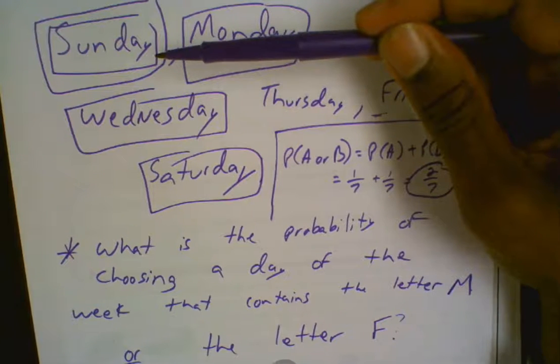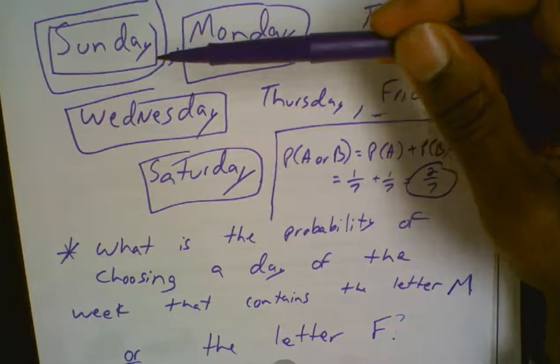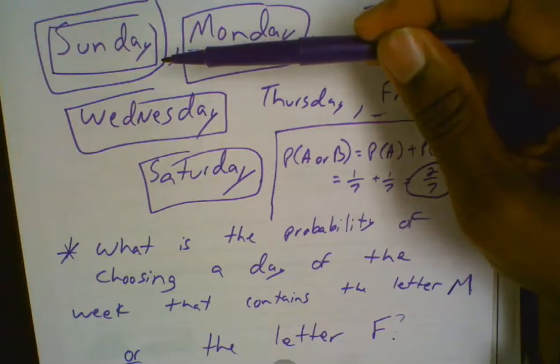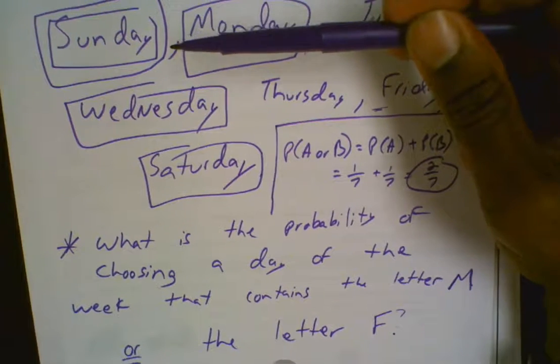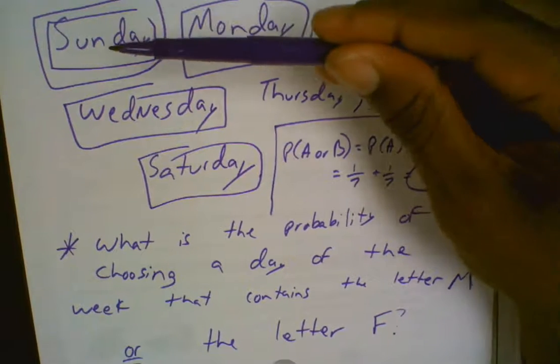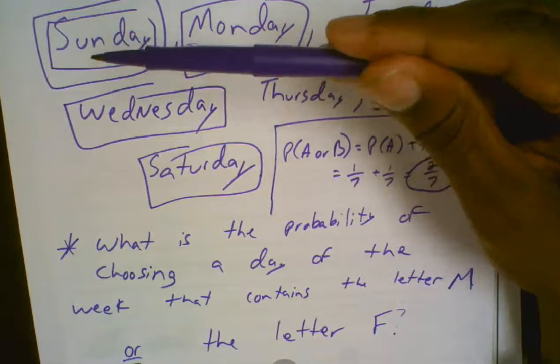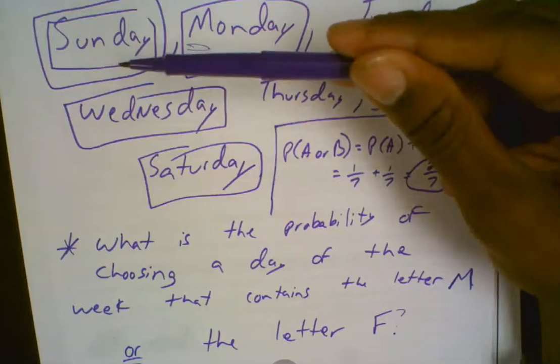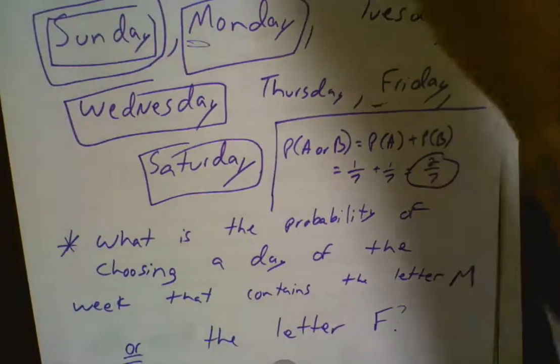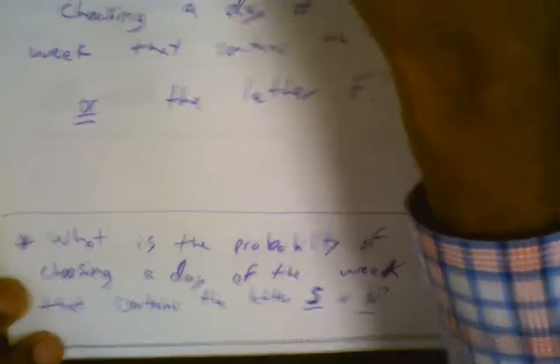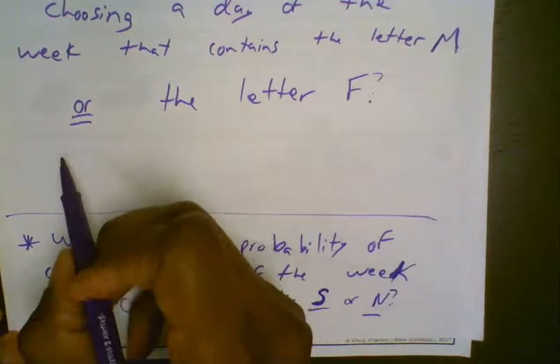We say this is overlapping. So in this case, these are not exclusive. You do have a word that has both a letter S and a letter N. Because of that, we have to use a different formula in finding its probability. This is for overlapping events.